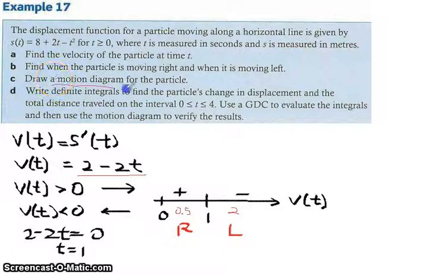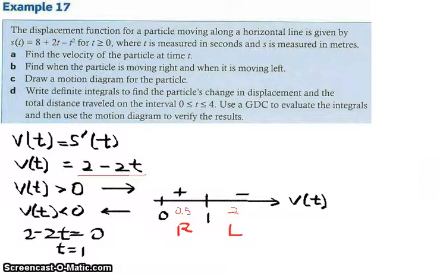Part C, they want us to create a motion diagram, right? Alright, so in order for me to draw the motion diagram, I need to first know where my particle is at the very beginning, or in other words, what the displacement is when time is equal to 0, right? So let's find that.